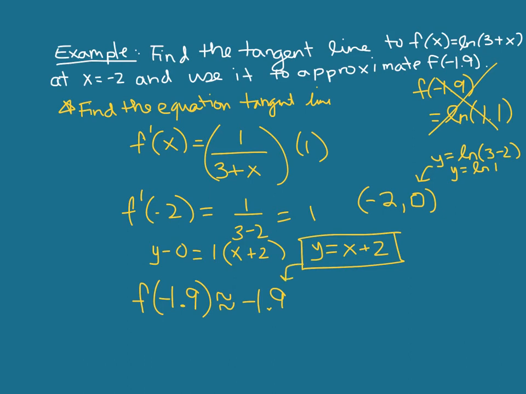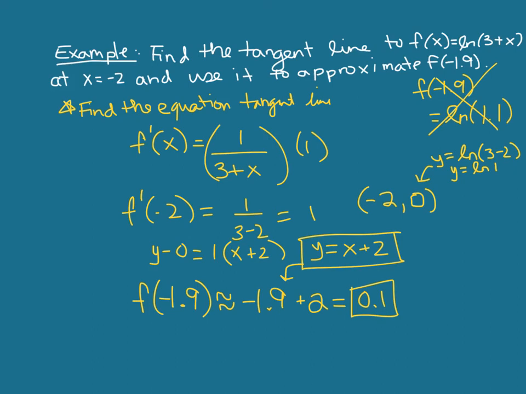So we just end up getting, it's approximately equal to -1.9 plus 2, which gives us 0.1. You're welcome to try that on your calculator and see what you get. You'll find it's pretty close to the actual value. It's not perfect, but it's fairly close, so it's a good approximation.